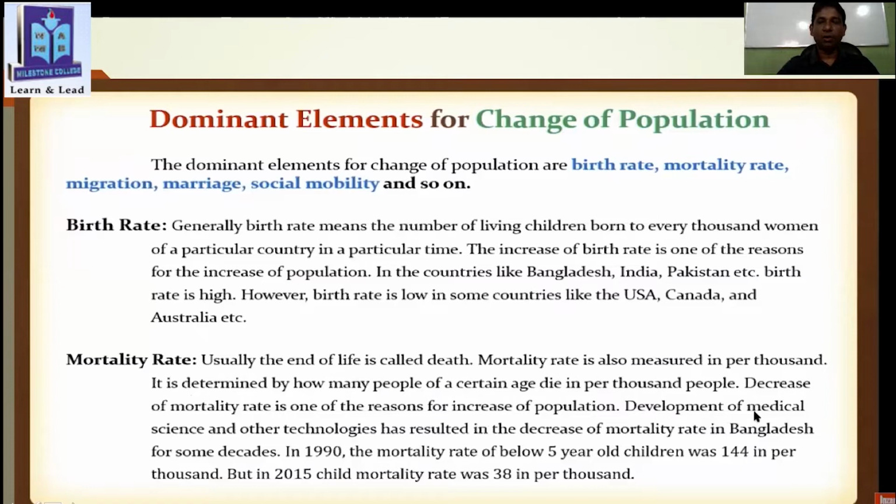The development of medical science and other technologies has resulted in the decrease of mortality rate in Bangladesh for some decades. In 1990, the mortality rate of children below 5 years old was 144 per thousand, but in 2015 the child mortality rate is 38 per thousand, because of modern science and technology. Now our mortality rate is low. Okay.